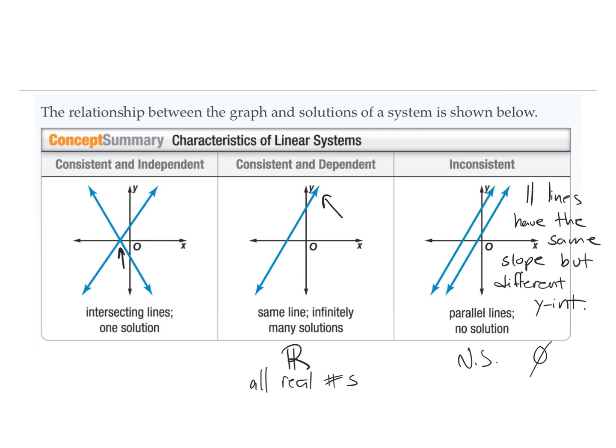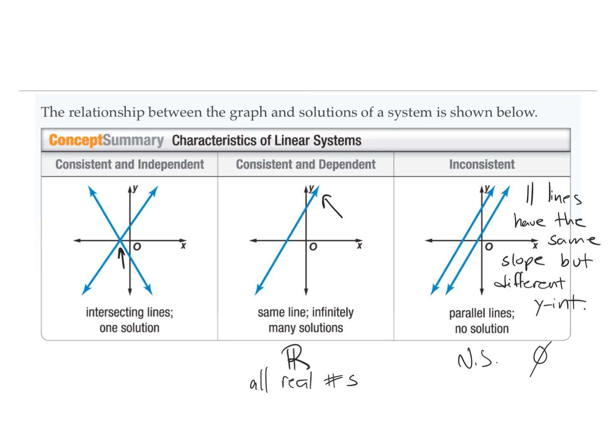So please keep that in mind. I'm not asking you to solve for it. I'm just saying if you see 2 lines that have the same slope and different y-intercepts, it's no solution. If you have the same slope and the same y-intercept, it's all real numbers. And if they're completely different equations, you will get an answer because they will intersect at some point.